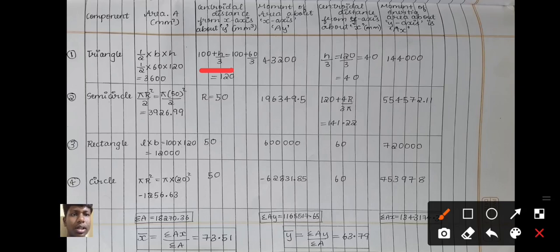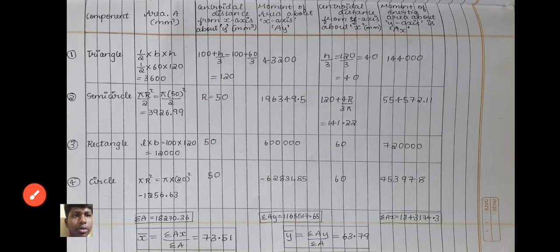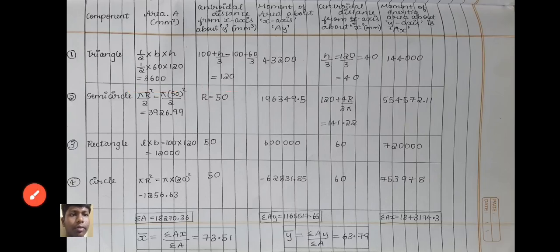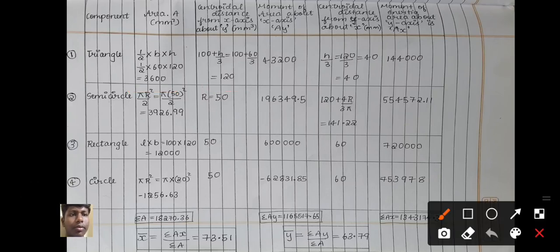So 100 plus, as we know, the height will be 60 by 3. So the total value will be 120. And to calculate the moment of area, we have to multiply the centroidal distance and the area. We get the moment of area.